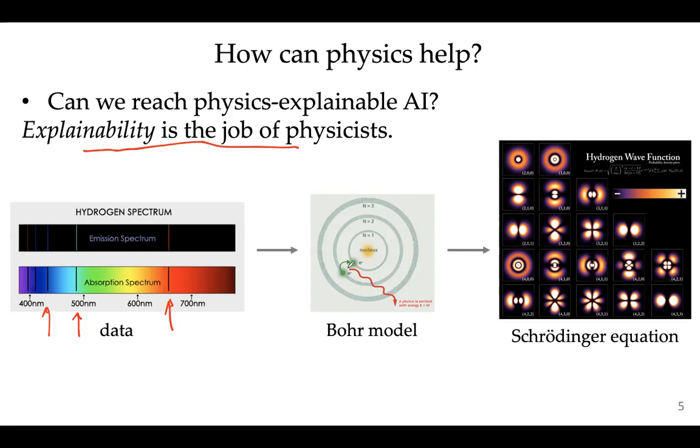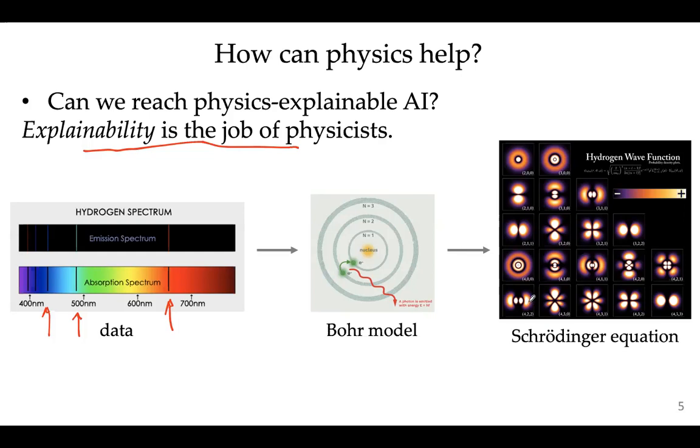So that explains the data to a certain level. That's an explanation, but now we know this is not completely correct because it doesn't explain certain fine details of the data.